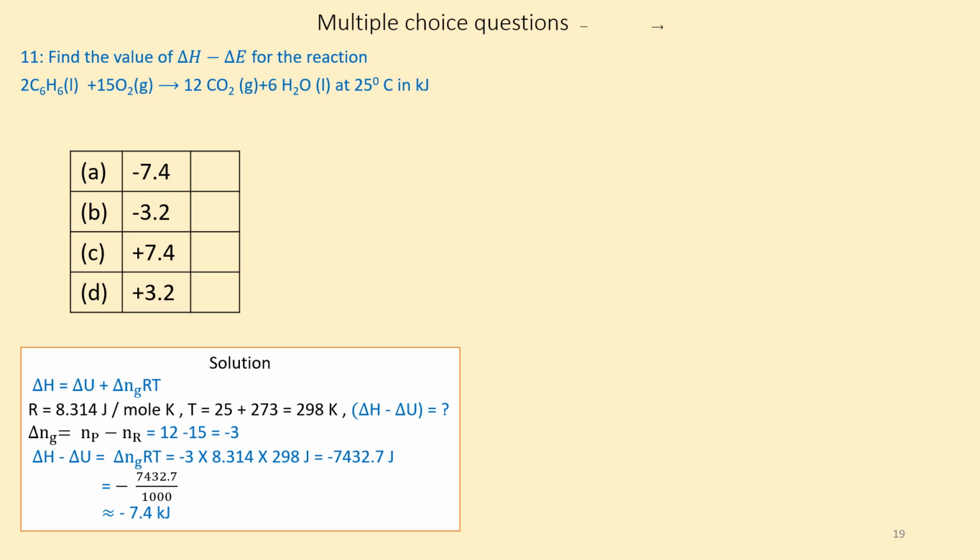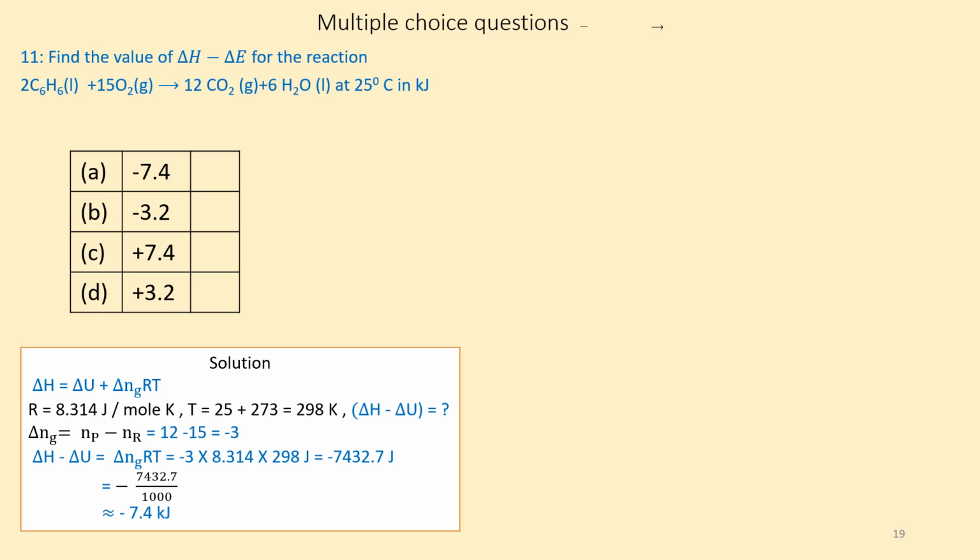We have to remember the value of R is equal to 8.314 joules per mole Kelvin. T is given as 25 degrees centigrade. Converting into Kelvin, it is 298 Kelvin. We have to find delta H minus delta U is equal to what? Therefore, delta Ng is equal to Np minus Nr.